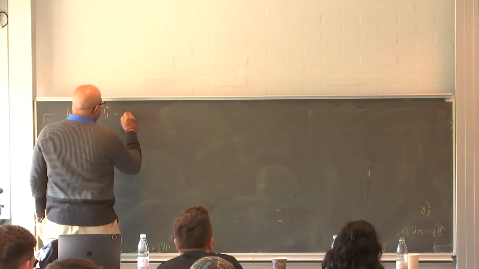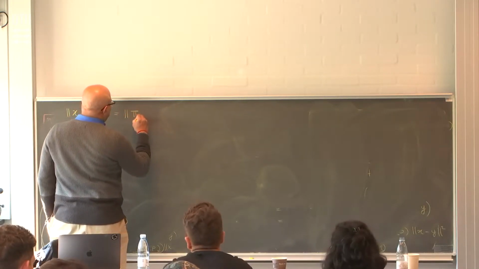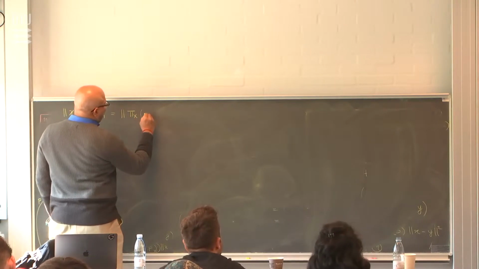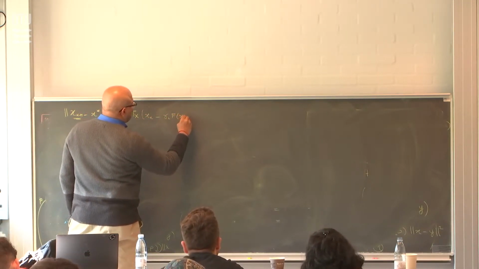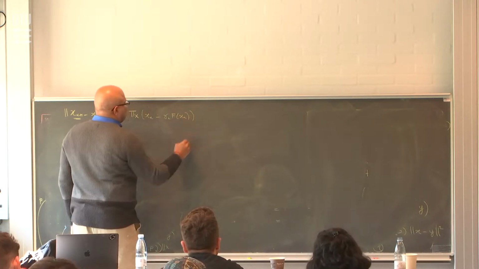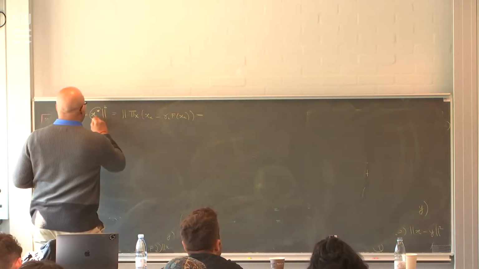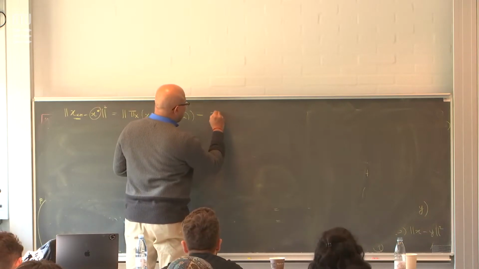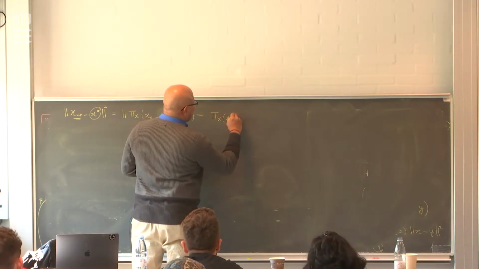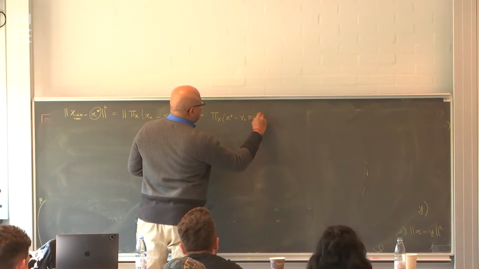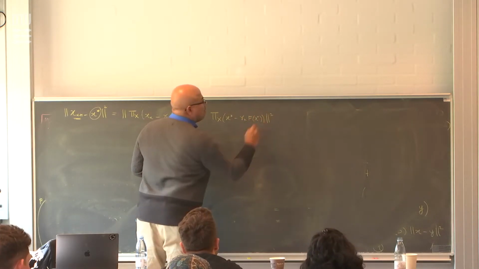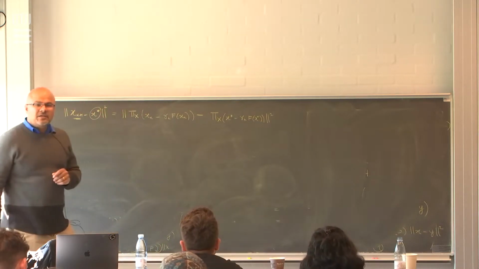So this is equal to the projection, by the update rule, and we know that by the definition of x star it is a fixed point of the projection. Is that clear?